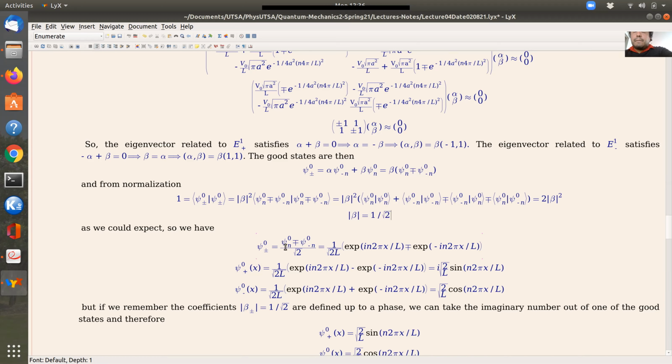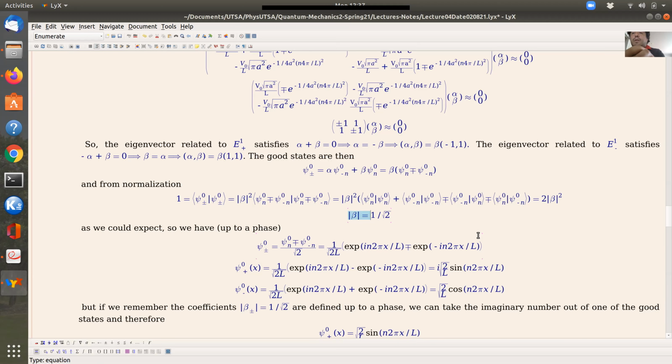By this point, you can figure out the form of the state that we should have. Basically, we have psi 0 plus minus, up to a phase. This is important to keep insisting on.